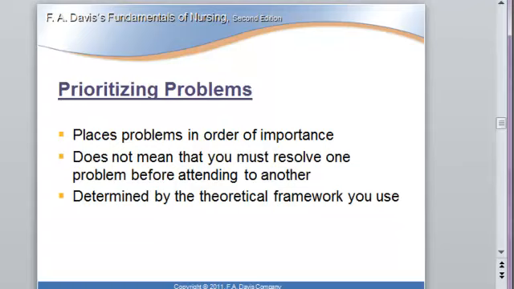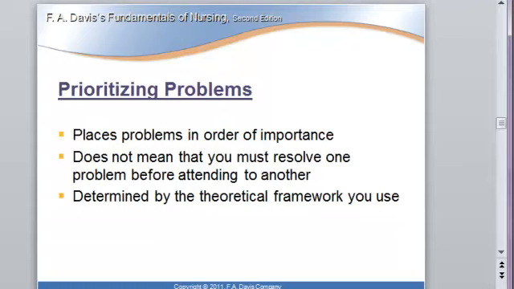So basically when we prioritize, we use Maslow's hierarchy of human needs. And if you turn to page 65, it gives you a schematic, figure 4-6, about Maslow. So you need to really review Maslow's hierarchy. You look at the physiological needs of patients, and that's food, air, water, temperature regulation, elimination, rest, sex, and physical activity.